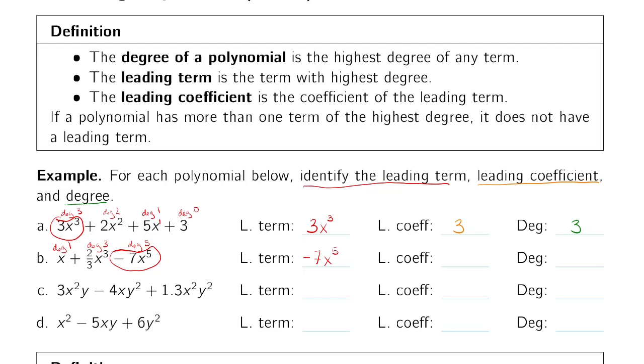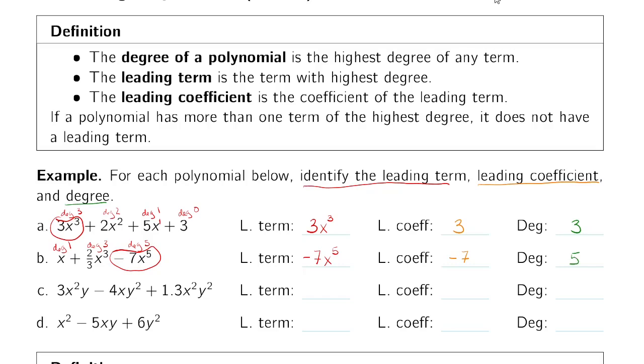Notice that the negative sign stays with that 7. Subtraction is really, in disguise, adding a negative. And so our leading coefficient here is negative 7. And the degree is the highest degree of any term, 5.